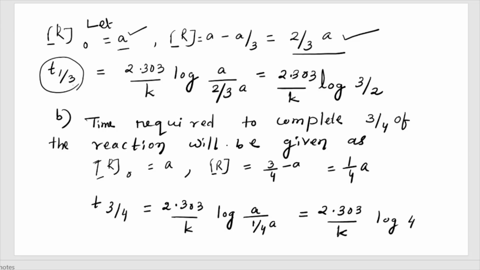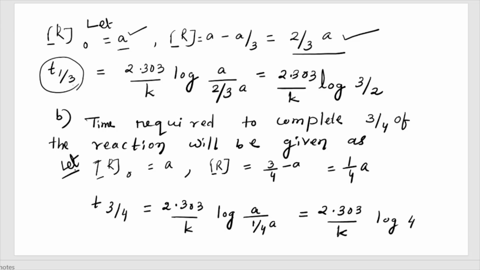Similarly, if we say 3 by 4th of the reaction, what will be the initial and what the final? Let R0 value be a, small a.